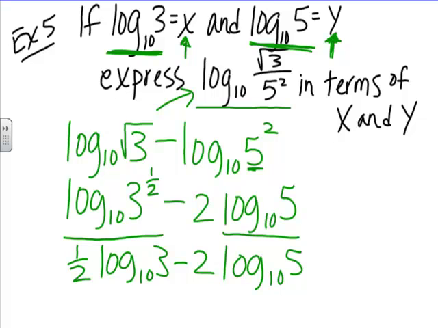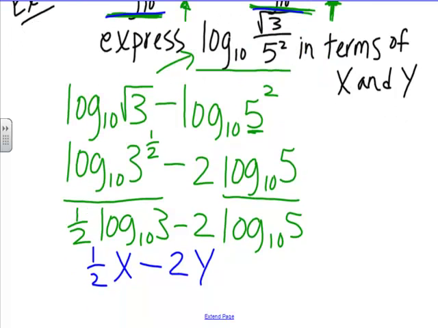So now I have a match here. I have log base 10 of 3 and I have log base 10 of 5, so I can rewrite this as 1/2 times, well, log base 10 of 3 is x, minus 2 times log base 10 of 5, which is y. So I have now rewritten this thing in terms of x and y, using these relationships that we just went over.